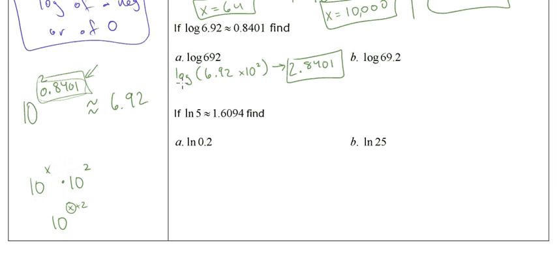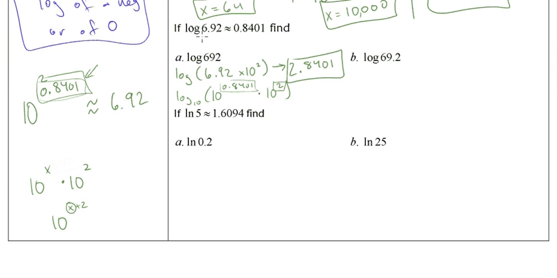Maybe another way to look at it is log base 10 of 10 to the 0.8401 times 10 squared. And so we have a log base 10 of these numbers, and it's really just the exponents we're looking at. We're going to add those together and get 2.8401.